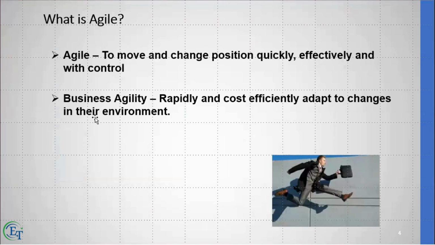So, what is Agile? Agile refers to moving or changing position quickly and effectively and with control. In the business context, business agility refers to rapidly and cost efficiently adapting to changes in the environment. Organizations are trying to be more agile, and Agile and scaled Agile support that move of being able to respond to change.